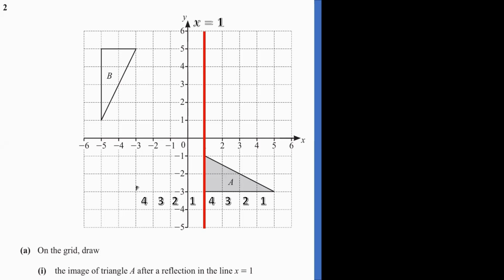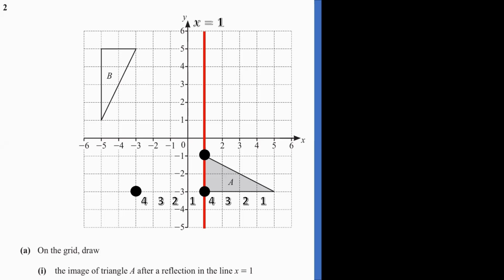And when we're done with that, we mark it. And so we take the other points, the vertices of the triangle that are attached to the red line, which have 0 distance away from the line. And so their images will also have 0 distance away from the line.